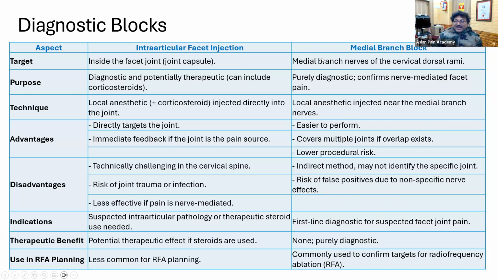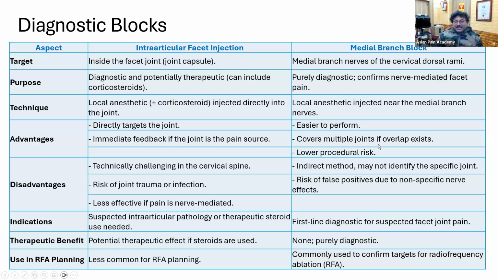But still, as far as safety is concerned, the medial branch block is usually considered safer in the cervical area. And also, one advantage of the medial branch block is that in future we are going to do a radiofrequency ablation, and the radiofrequency ablation can be done better because it has better prognostic value for the radiofrequency ablation.